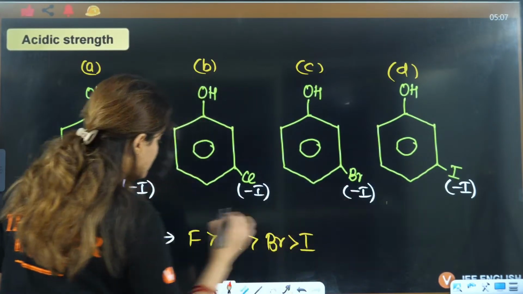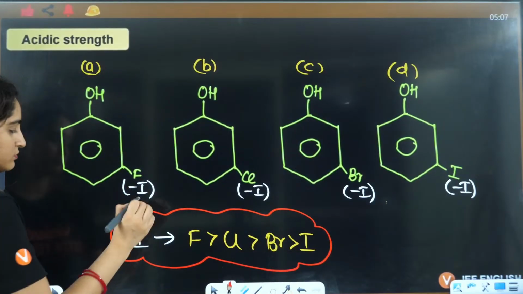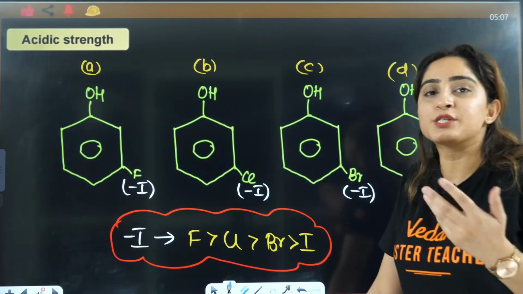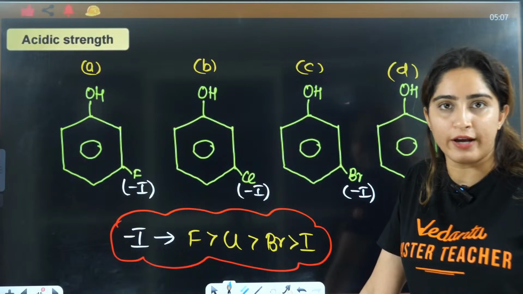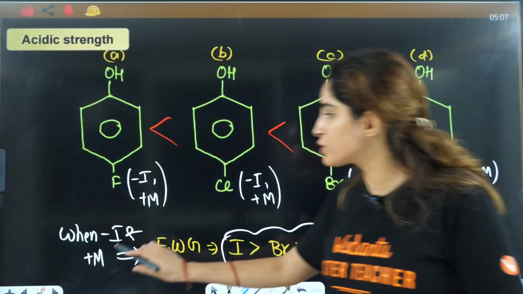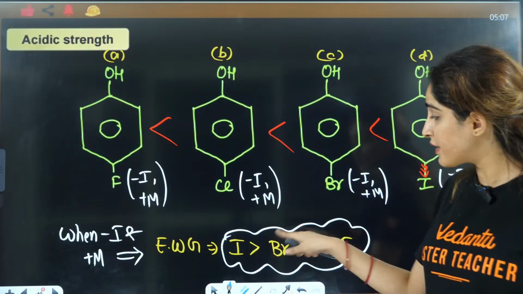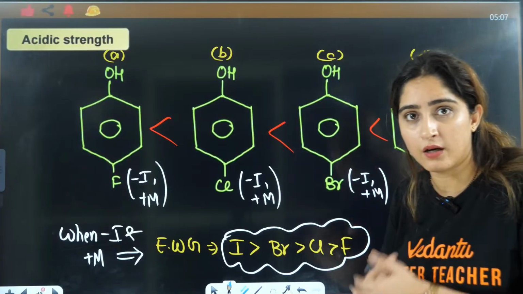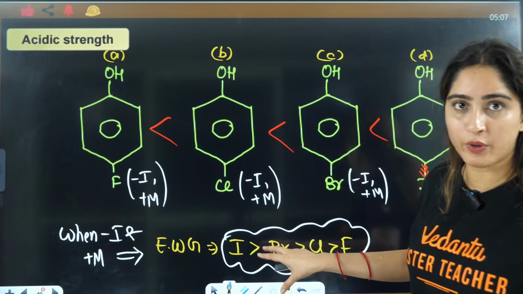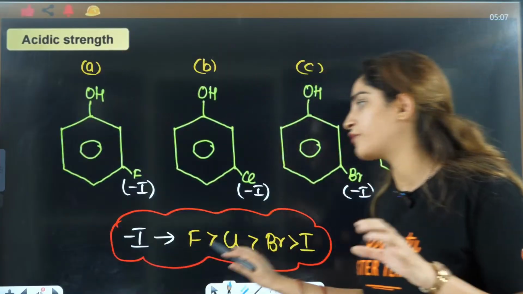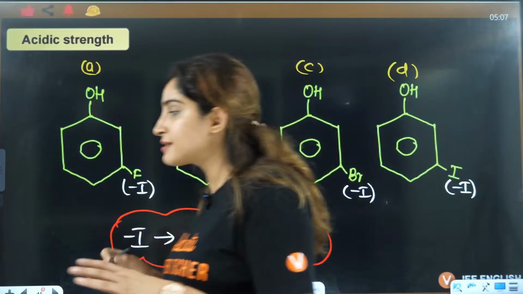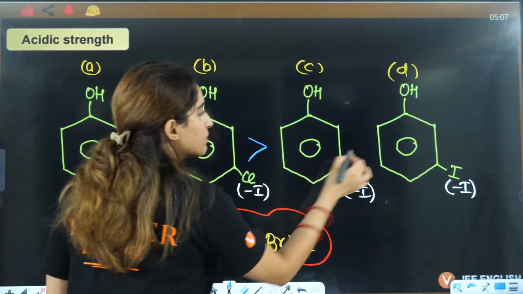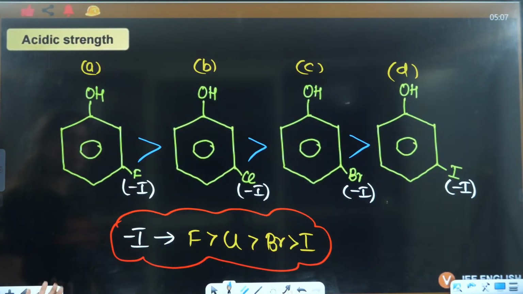Now the order has completely changed, because now the mesomeric effect is not valid. If the mesomeric effect is not valid, we will not see the overall effect. There the mesomeric effect was also valid because it was the para position. That's why I saw the overall experimental electron withdrawing order. This order is what you need to remember when both are applied, and this is when you have only one thing. So here this has maximum electron withdrawing, so the answer is A, B, C, D.